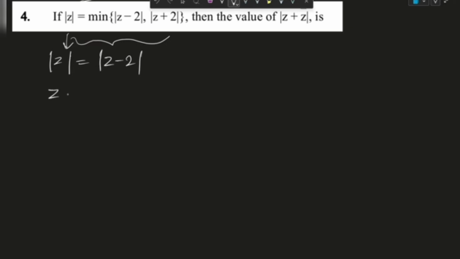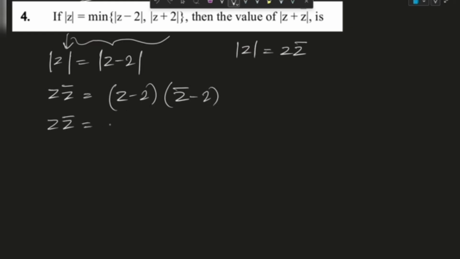both sides with the conjugate, because as you know that any mod z squared is actually z into z conjugate. So this is z conjugate, which is equal to, sorry, this is not mod. Here also we will do the same thing. This is z minus 2 into z conjugate minus 2. So now if we multiply this, this will come out to be z z conjugate minus 2z minus 2z conjugate plus 4.